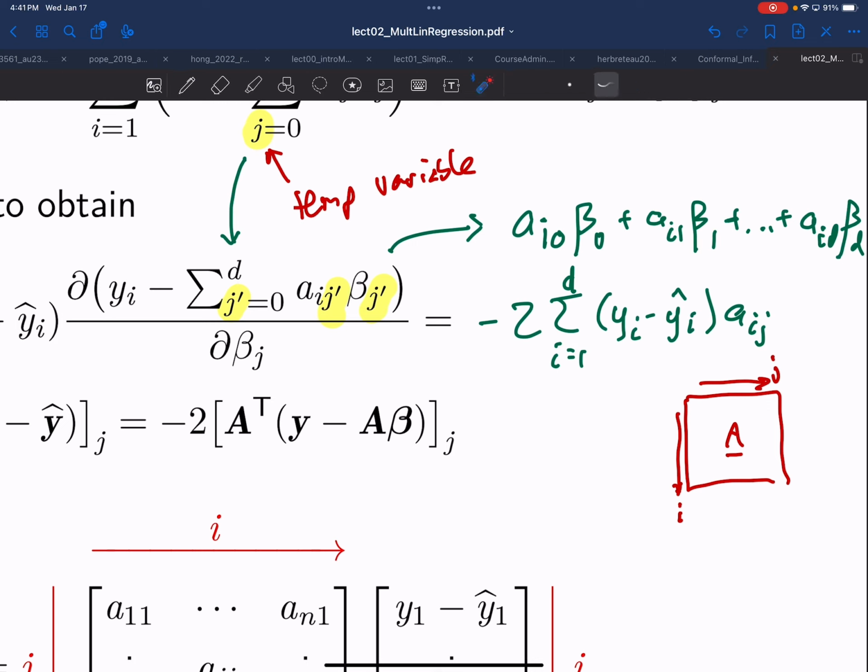Now I need to do a summation across i with this other stuff. So that means that that vector must live here on the left, because that is where I have i matching this i. So this vector on the left would be the vector y minus y hat. So I'm looking at the ith entry of that vector.